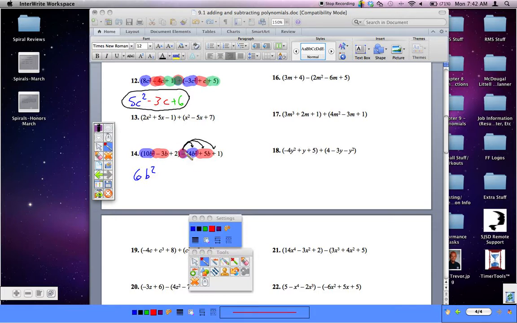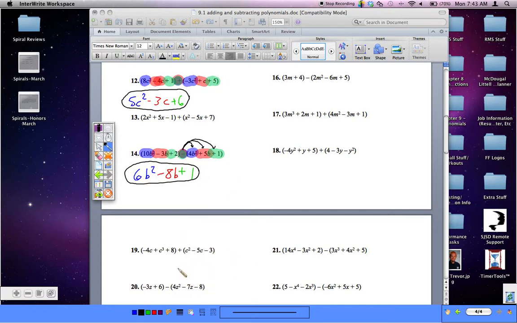It's negative 3 minus 5. That's going to leave you at negative 8. The variable stays the same. And then we have positive 2 minus positive 1. So that's 2 minus 1, which will leave you at a positive 1. That's as good as your result can get. Okay, make sure on each of these that you go ahead and distribute that minus sign to the remaining terms.